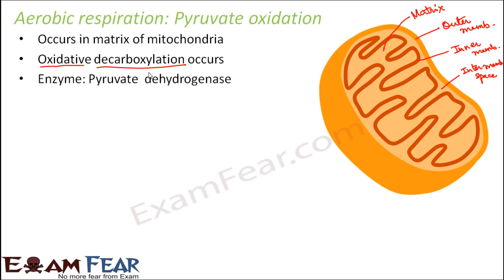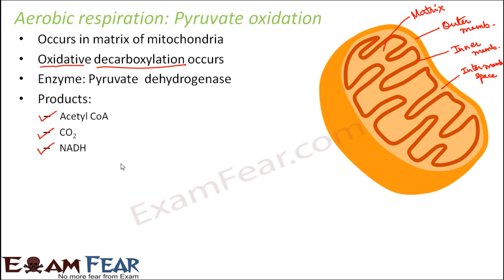The enzyme involved in this step is pyruvate dehydrogenase. Whenever there is a dehydrogenase, it will cause oxidation. The products formed as a result of this step are acetyl coenzyme A, carbon dioxide and NADH. So these are the products which will be formed in this step.